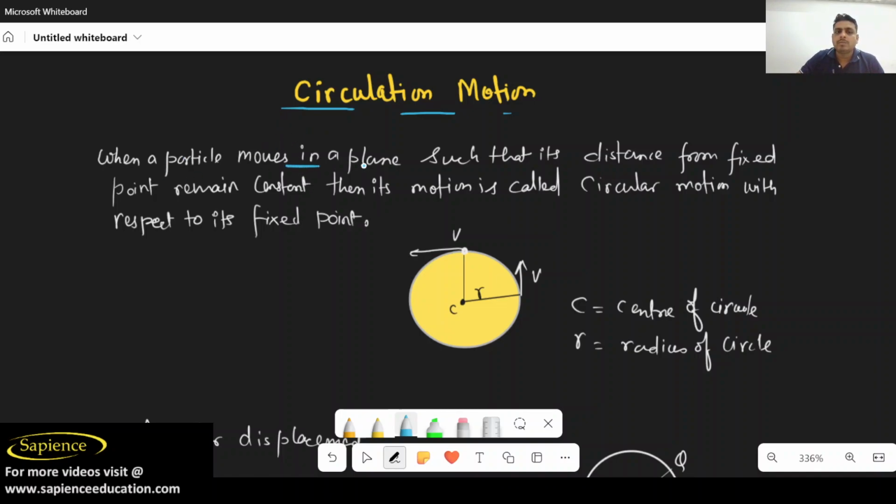When a particle moves in a plane in such a way that its distance from a fixed point remains constant, then its motion is called circular motion with respect to that fixed point.